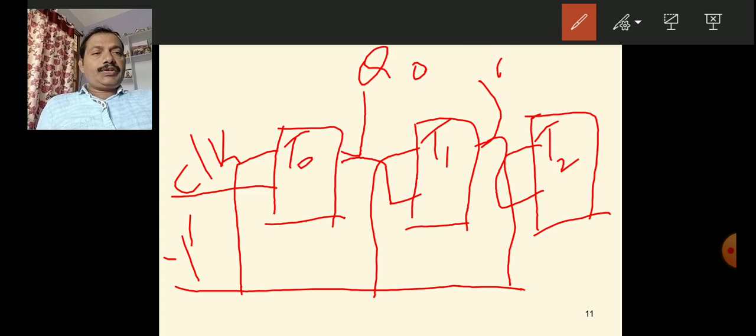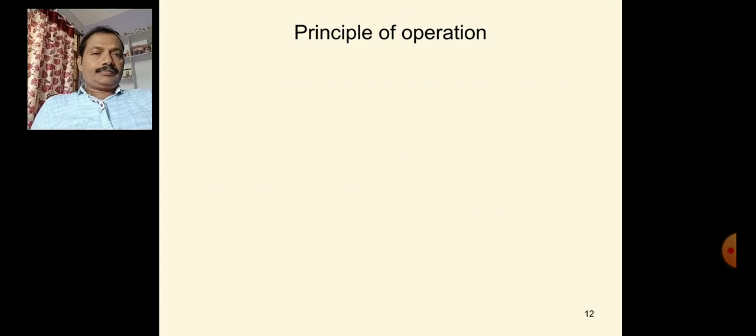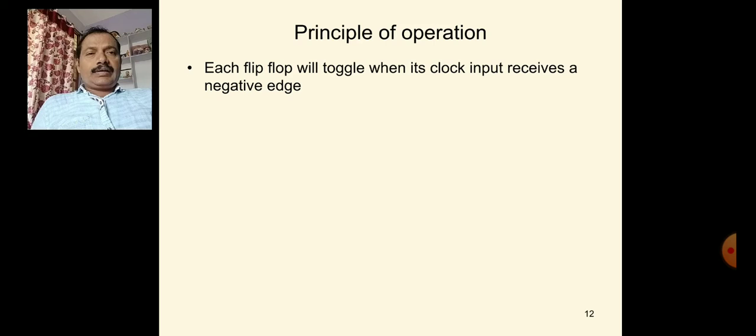This is Q1, this is Q2. So like this, if you use T flip-flops, you have to make connections like this. The circuit connections are very simple, and the diagram is clear. Let us see the operation.